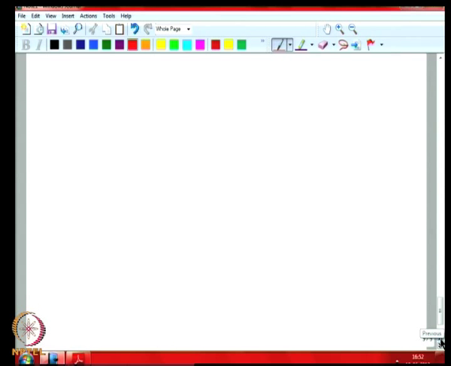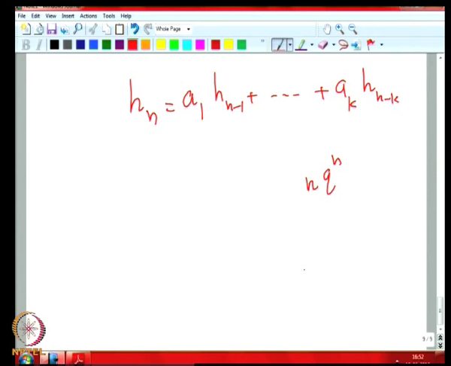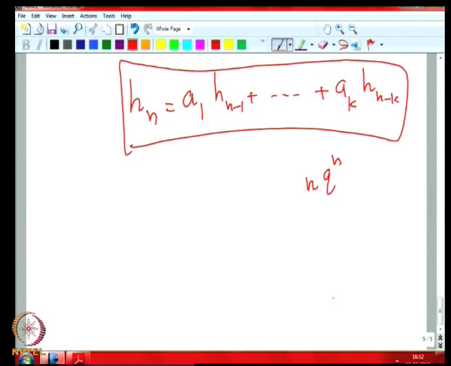You can check that for the general case of hn equal to a1 hn minus 1 plus up to ak hn minus k, this n times q to the power n, where q is a solution of the characteristic equation, will indeed work for this also, right.